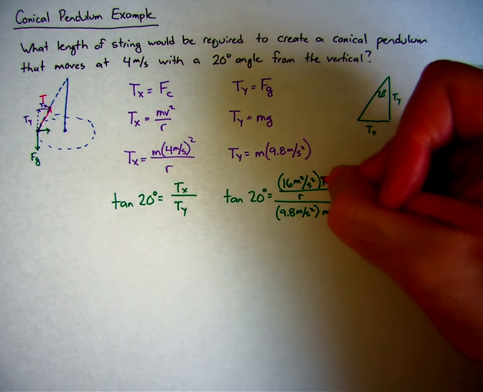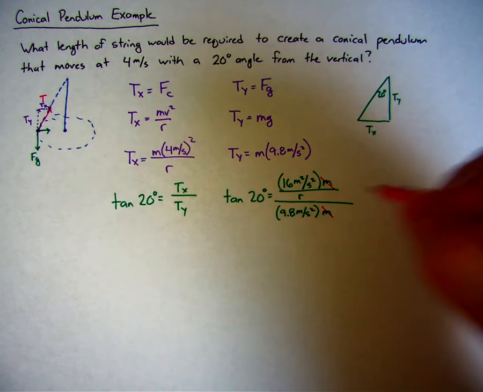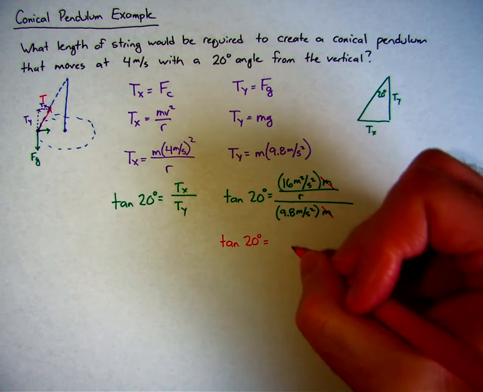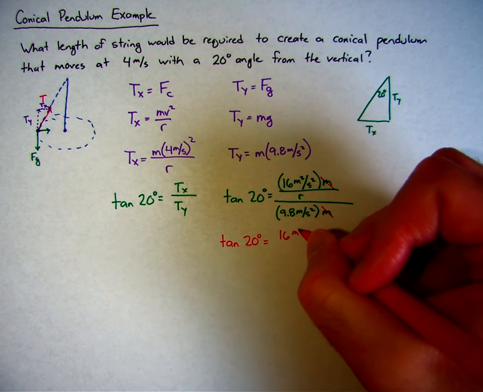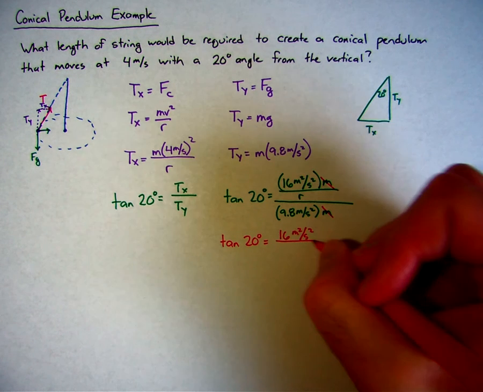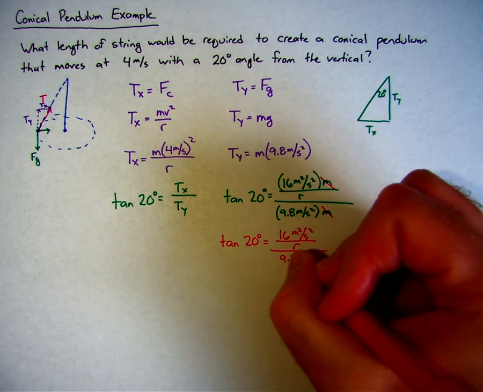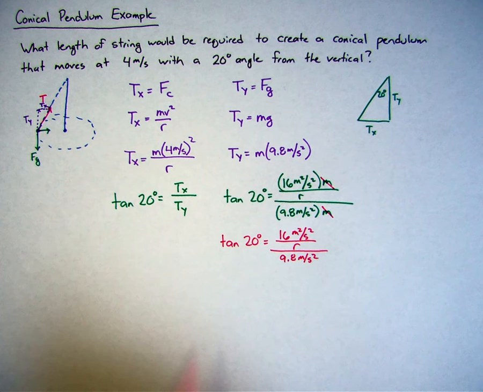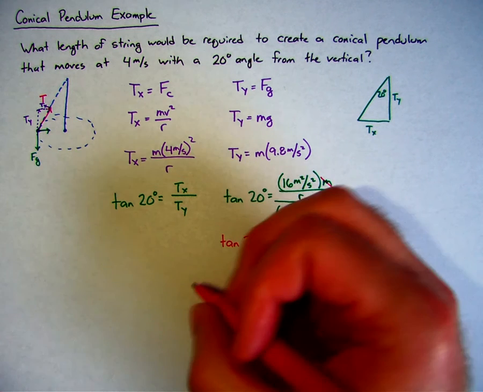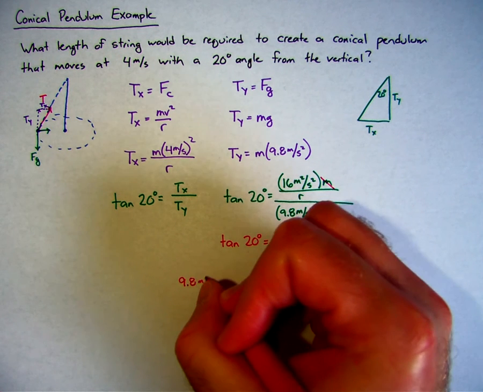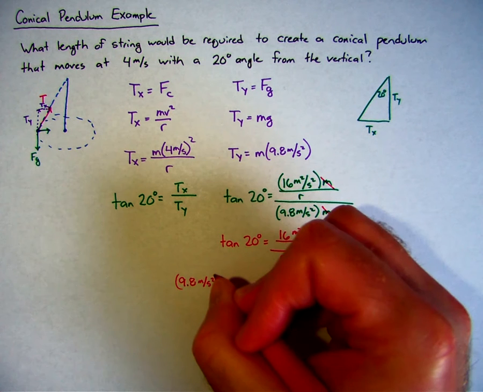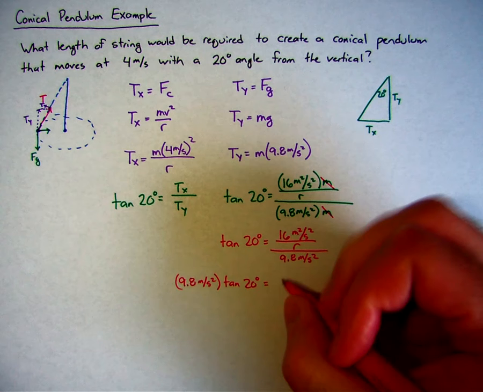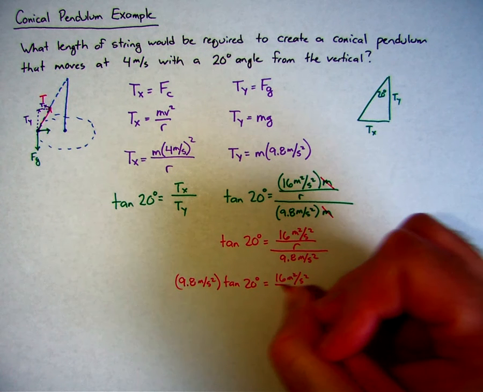So the mass doesn't matter. What I'm left with is that the tangent of 20 degrees is equal to 16 meters squared per second squared over r divided by 9.8 meters per second squared. All I have to do is multiply both sides by 9.8 meters per second squared, and I have 9.8 meters per second squared times the tangent of 20 degrees is equal to 16 meters squared per second squared divided by r.